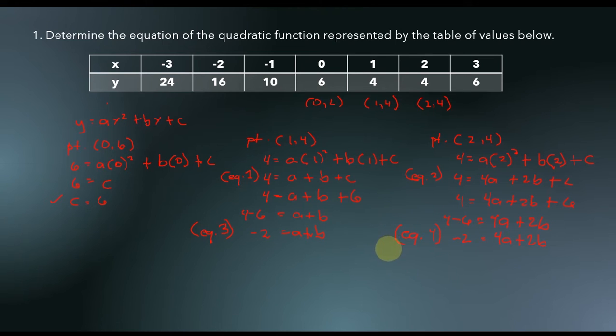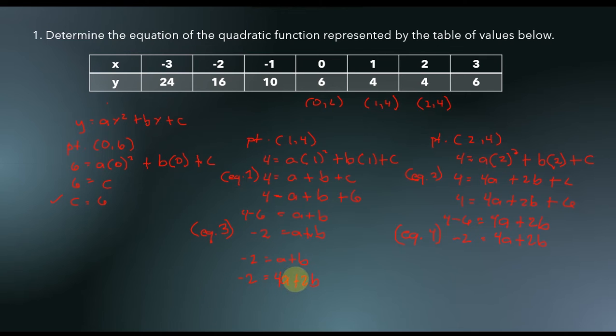Next is to use equation 3. Since both equation 3 and equation 4 have two unknown values, we can combine these two by using the elimination method. We have equation 3: negative 2 equals a plus b. The other one is equation 4: negative 2 equals 4a plus 2b.